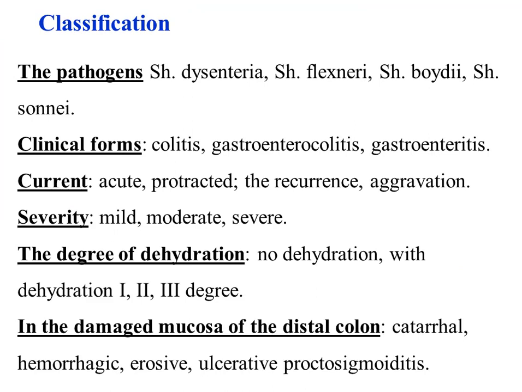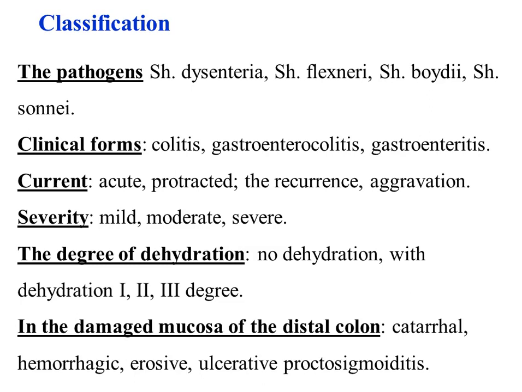Classification of shigellosis provides for the following forms and variants of the course of infection. Classification by pathogen is subdivided into 4 types: Shigella dysenteriae, flexneri, boydii, and sonnei. Clinical forms: Shigella colitis, gastroenterocolitis, and gastroenteritis.